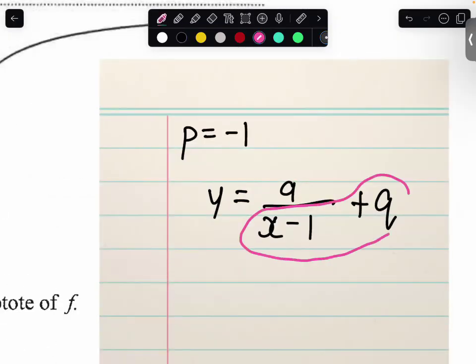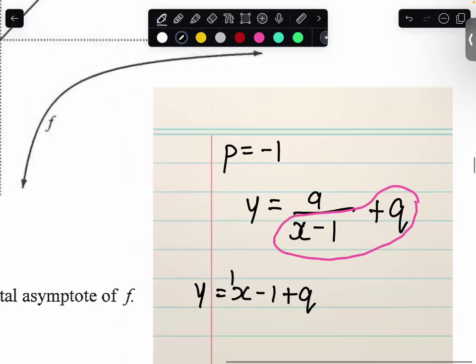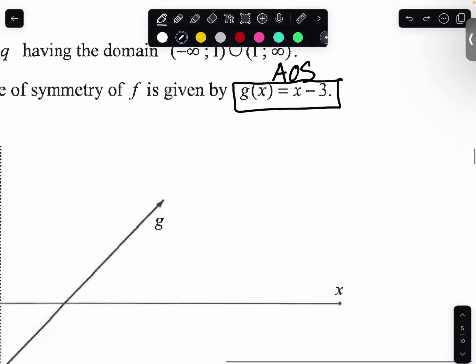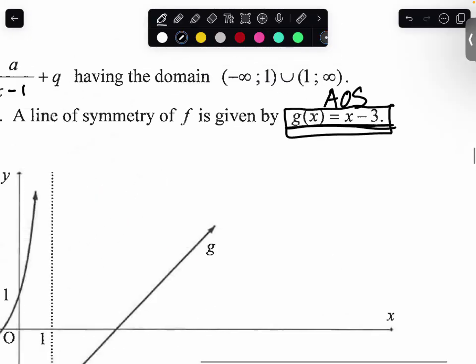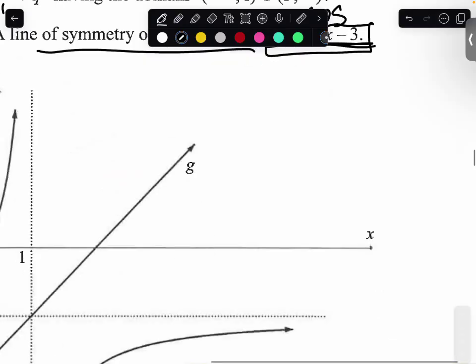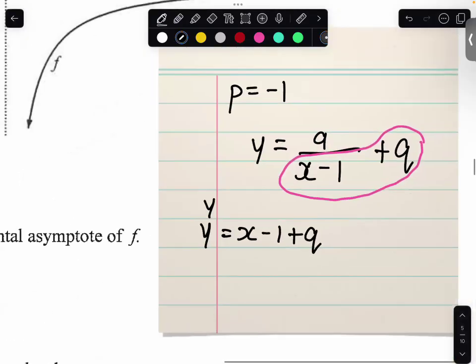So we say y is equal to x minus 1 plus q. This is what we do to get the axis of symmetry with a positive gradient. Now they're telling us that g of x is the axis of symmetry of f. So the one with a positive gradient, g of x, is y is equal to x minus 3.